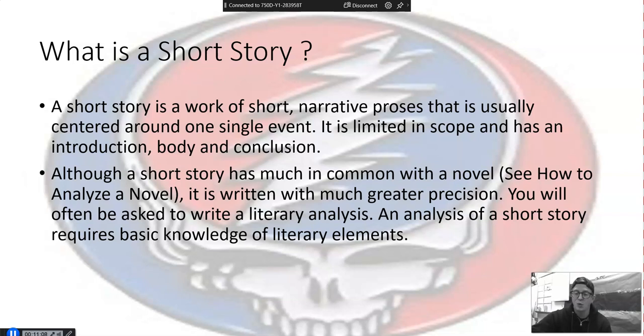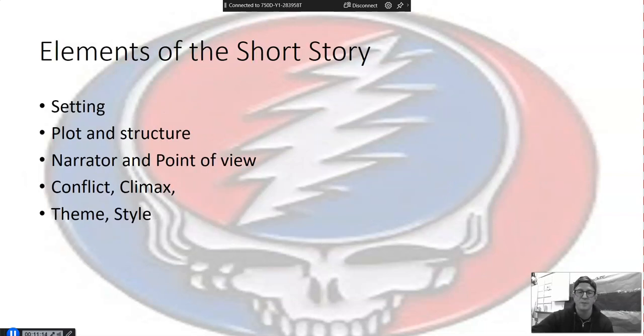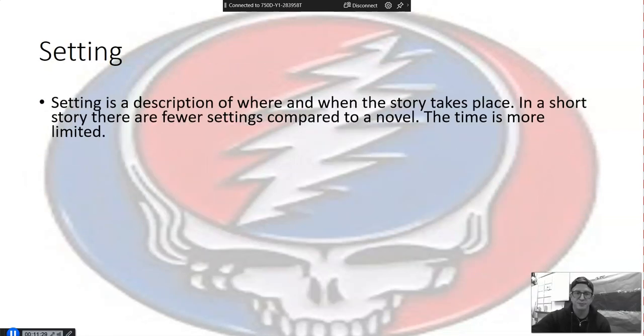These are things which you can discuss in your paper when you analyze a short story. Okay? Setting, plot and structure, narrator and point of view, conflict, climax, theme, style. These are all things that I discussed also in my analysis of Story of an Hour and The Adulterous Woman.